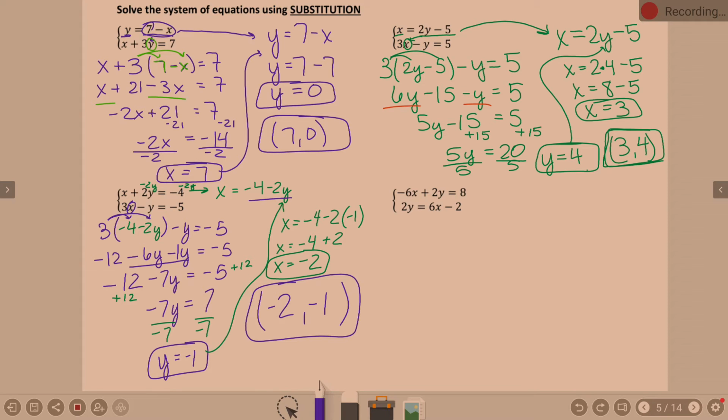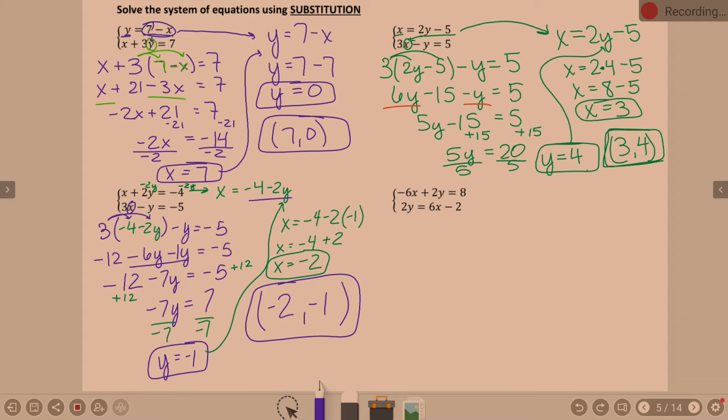You divide it all by 2, and then that would be y equals 3x minus 1. Okay, so you're saying take the second equation and try to get it to be y equals, is what he's saying.